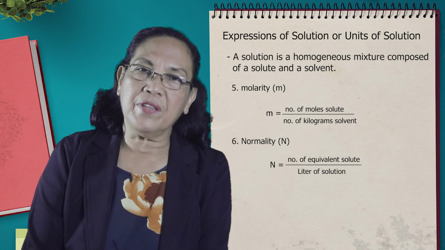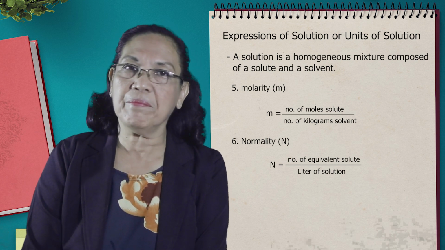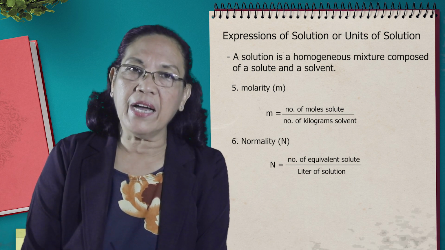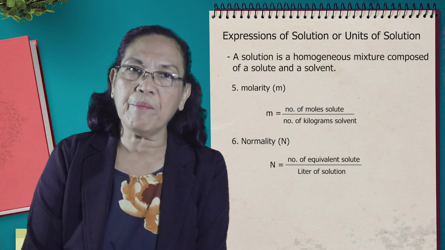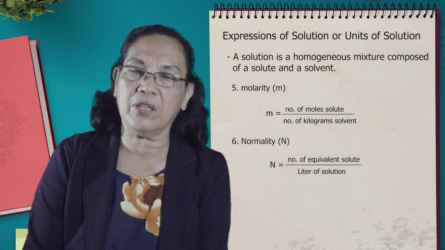Now, if the solute is a salt, so it's not a base, it's not an acid, but a salt. In this case, you are going to divide the molecular mass of the salt by the total number of positive ions contained in the salt.